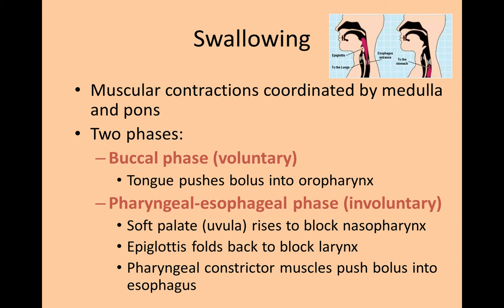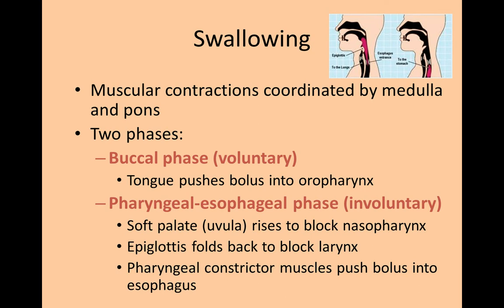And then the rest of swallowing is an involuntary reflex, and it's called the pharyngeal esophageal phase, meaning throat and esophagus phase. And during that part of swallowing, the soft palate has a little dangling structure on it called the uvula, and the uvula will lift up and block your nasopharynx so that you don't get food up in your nasal cavity.